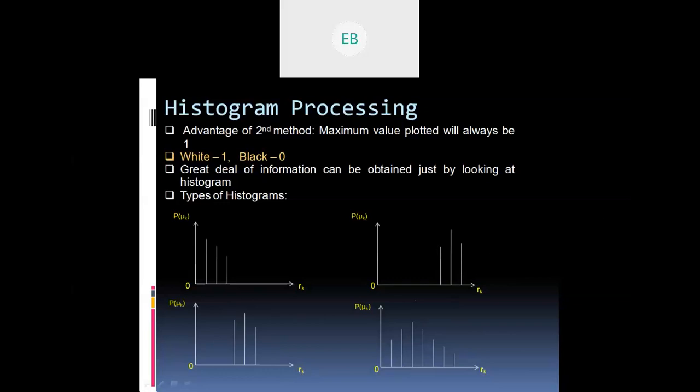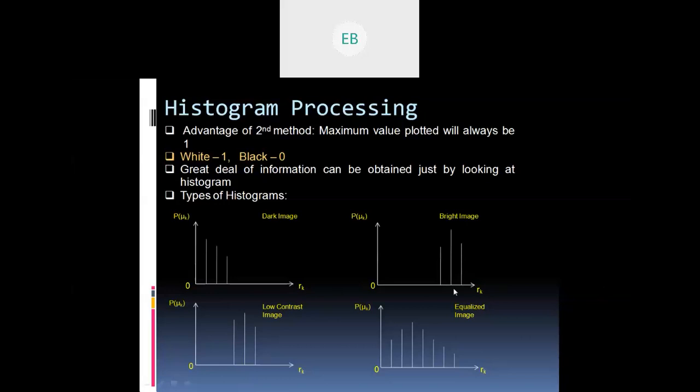Just by looking at the histograms, you can visualize them and tell what information is contained there. For example, in these types of histograms, this is a dark image, this is a bright image, this is a low contrast image, and this is an equalized image. These types of histograms we get after we calculate the probabilities of the events.